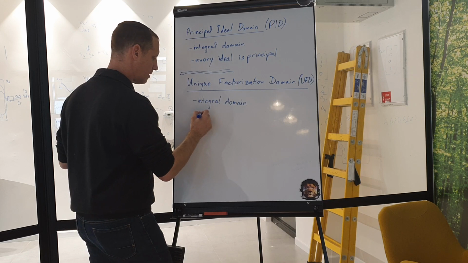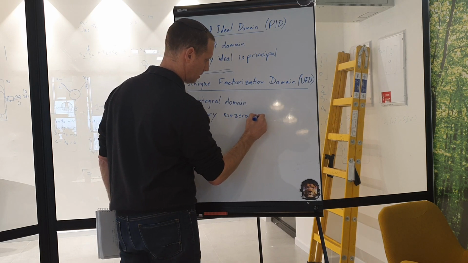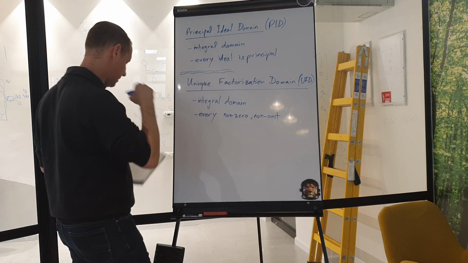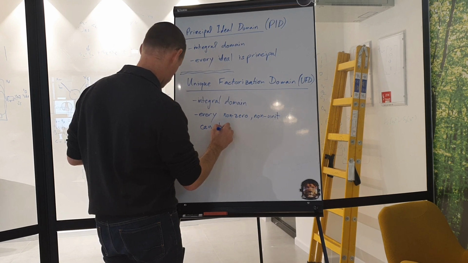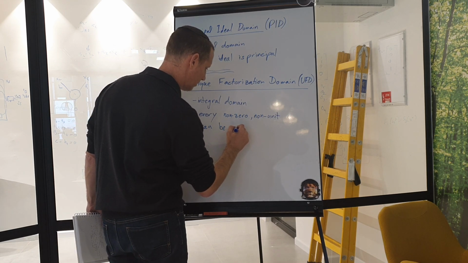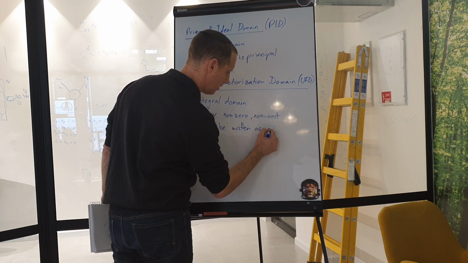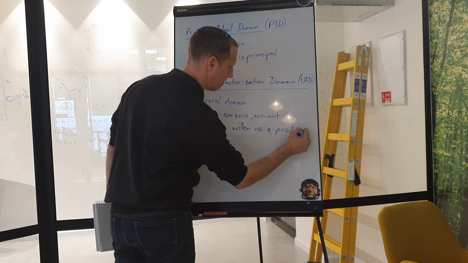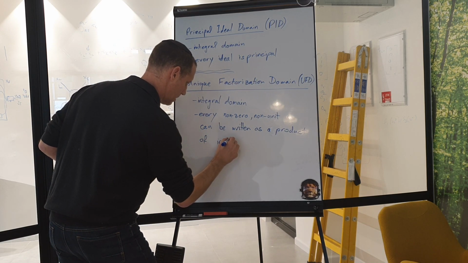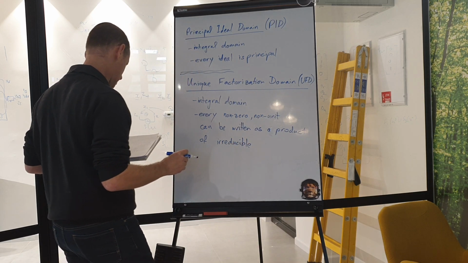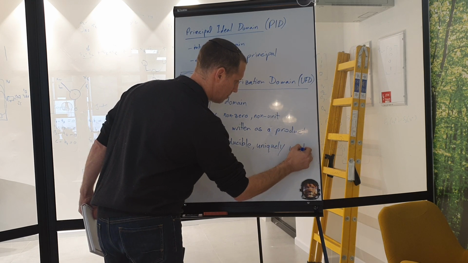And we're going to say that every non-zero, non-unit, and I'll say something about what a unit is in a sec, can be written as a product of irreducibles, which I'll also say something about in a sec, again uniquely up to the order.